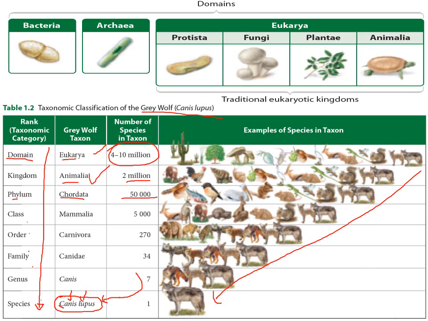It has features of animals. It has features of chordates. It has features of mammals. It has features of carnivores. It has features of the Canidae family. It has features of the genus Canis. So we use those different features, those different characteristics to classify this gray wolf into these different phyla or different taxa.